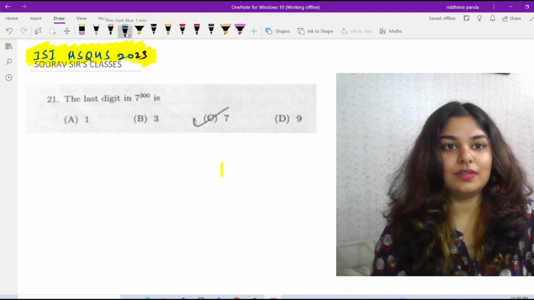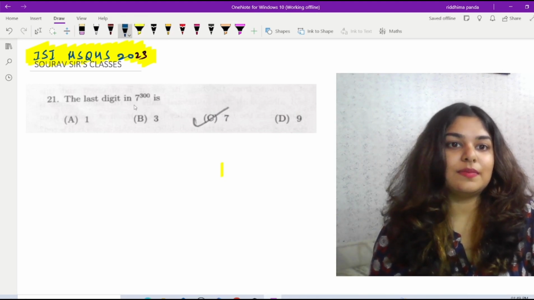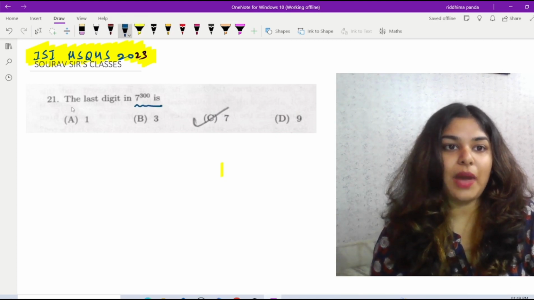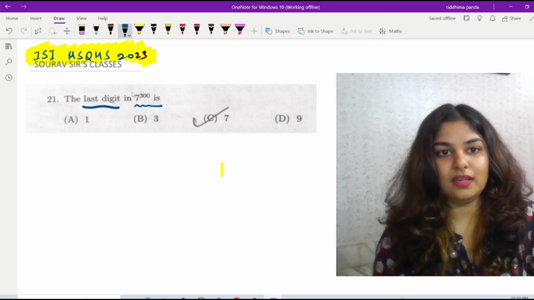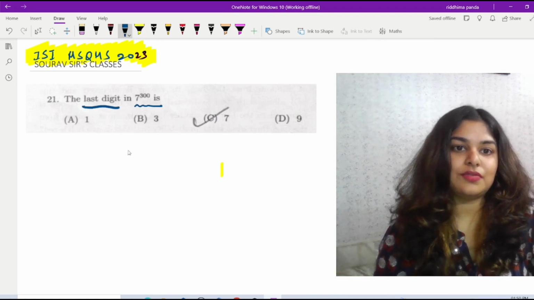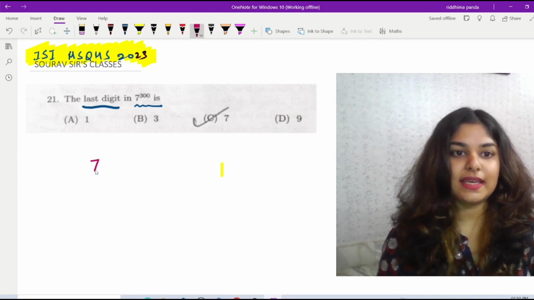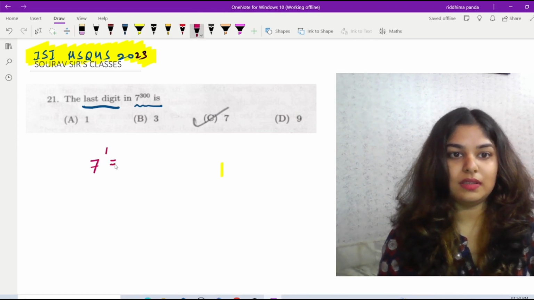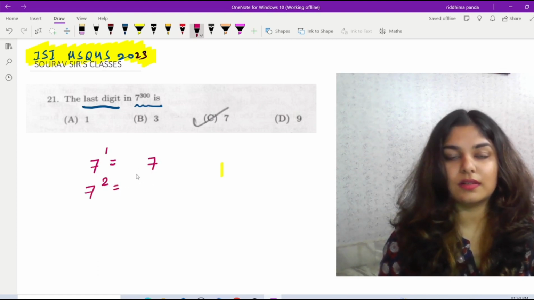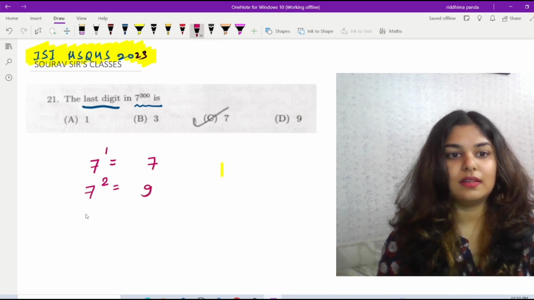The next question here is given 7 to the power 300, and you have to find the last digit. First let us try to understand. If we take 7 to the power 1, the last digit will be 7. For 7 square, which is 49, the last digit is 9.